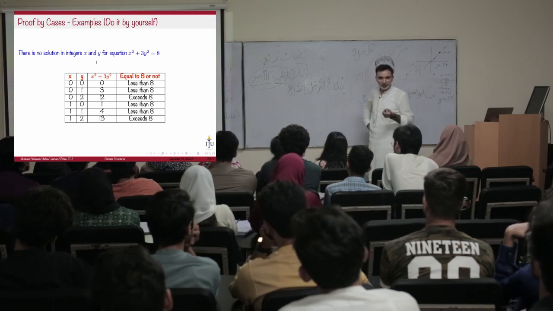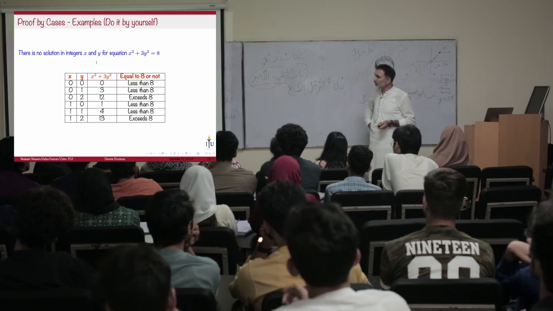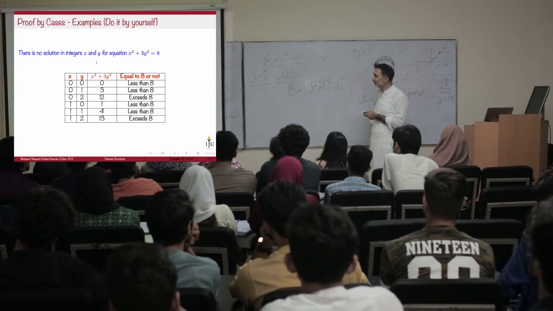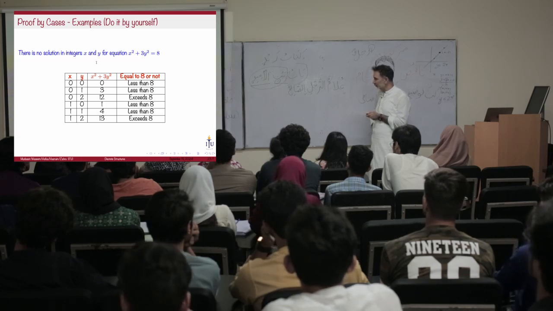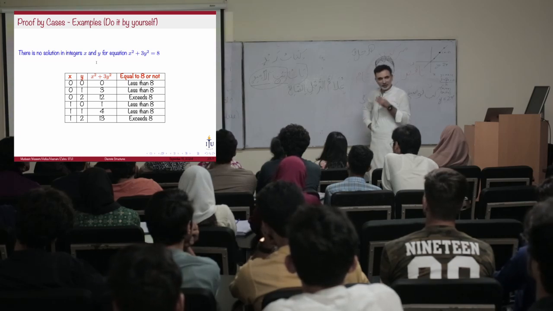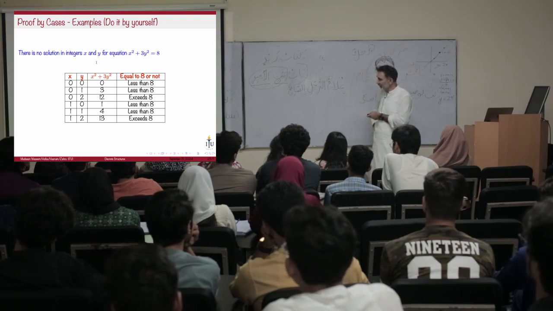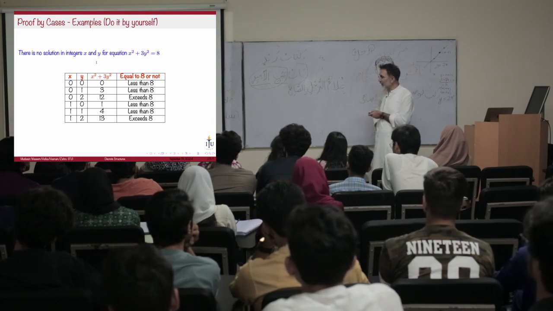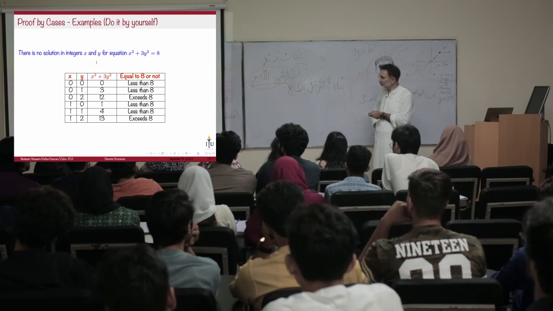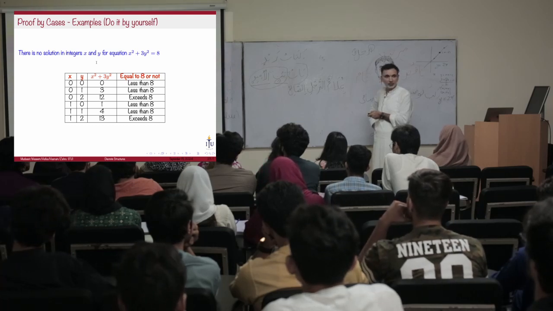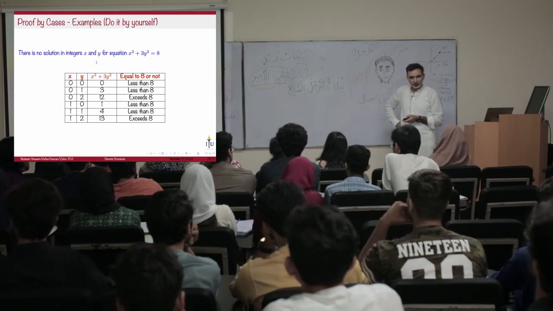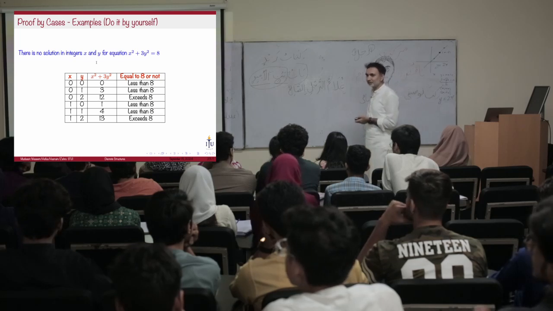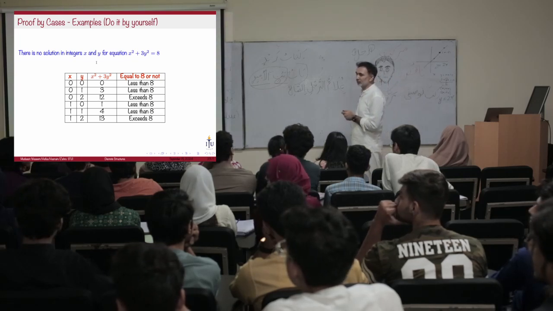And that would be your complete proof. So you would get 1, 2, 3, 4, 5, 6 cases. And when you are doing the 6th case, you can say anything greater than or equal to 1 for x and anything greater than or equal to 2 for y, and conclude the same statement that this is going to exceed 8.